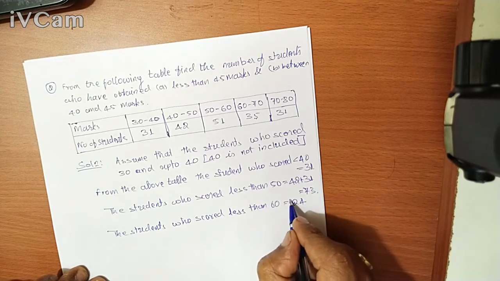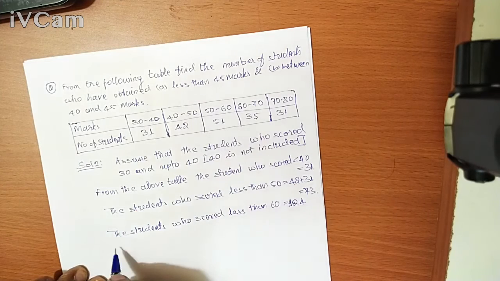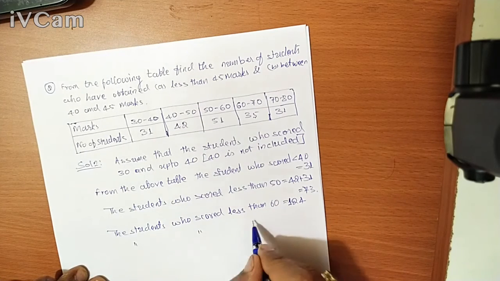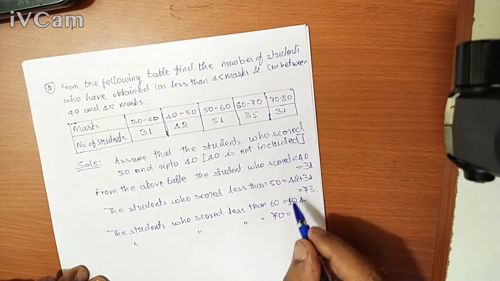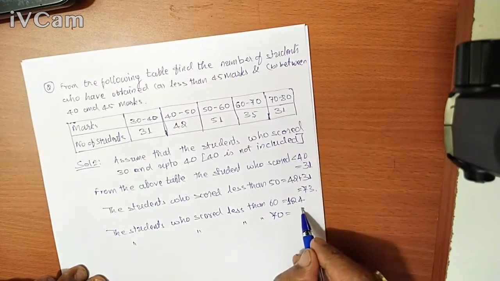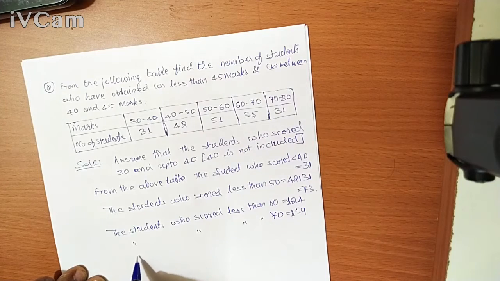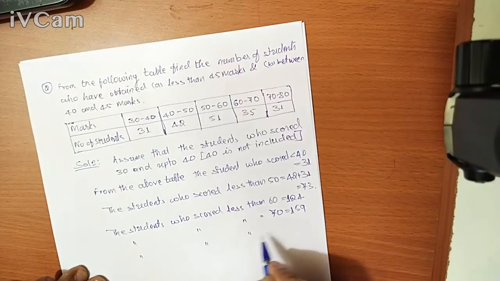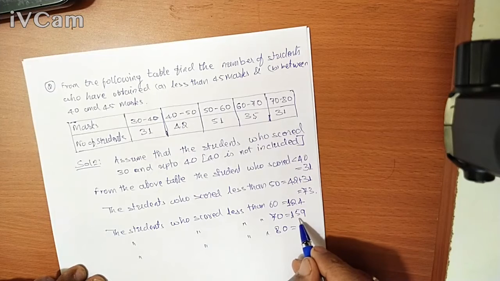I have to add these three. So it is like a cumulative. Then similarly, the students who scored less than 70 will be what? I have to add this 35 to this. So 159. Then the students who scored less than 80 will be equal to what? I have to add 31 to it.